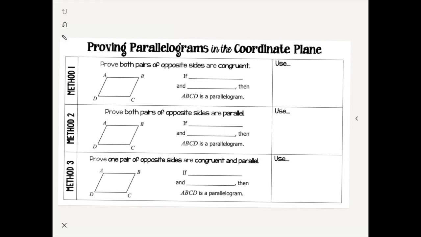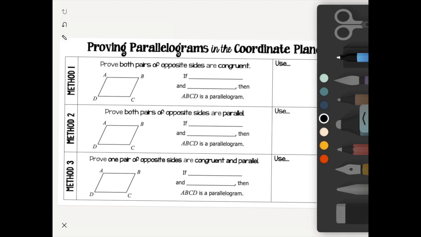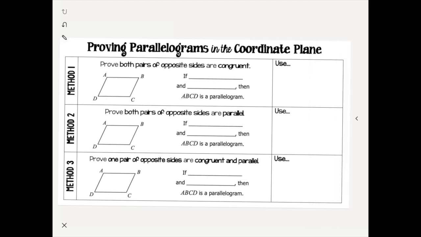So now we're moving on to proving parallelograms in the coordinate plane. If we're trying to prove that a figure is actually a parallelogram, there are 3 methods that we can use. Again, this is in your notes, but feel free to jot these down on your own sheet of paper. The first is to prove that both pairs of opposite sides are congruent.